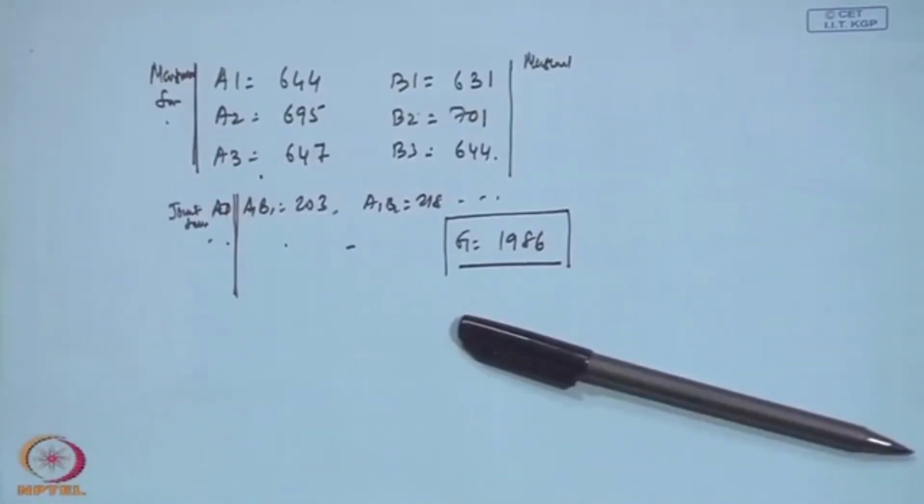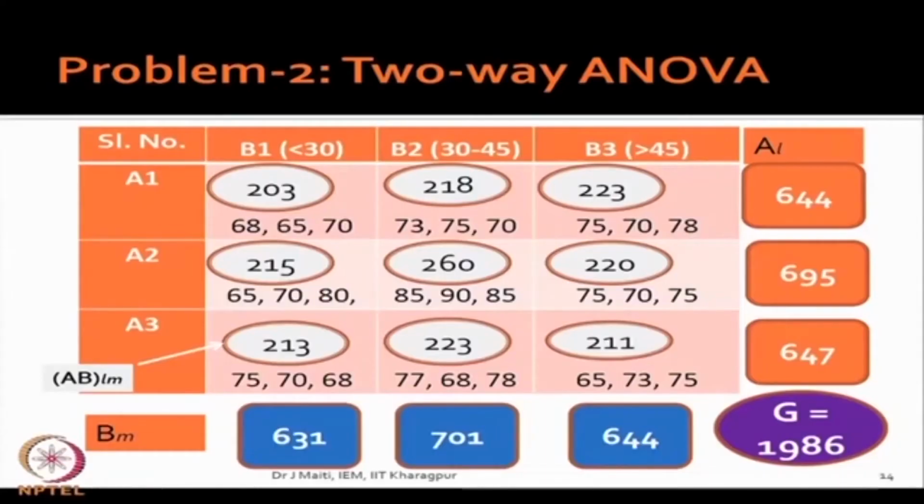When you go for two-way ANOVA, you get a table which is known as a contingency table. In the contingency table there are marginal counts across rows, across columns, and joint counts. But here our values are not count values, they are continuous values.